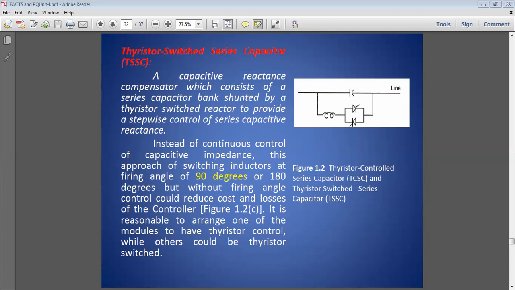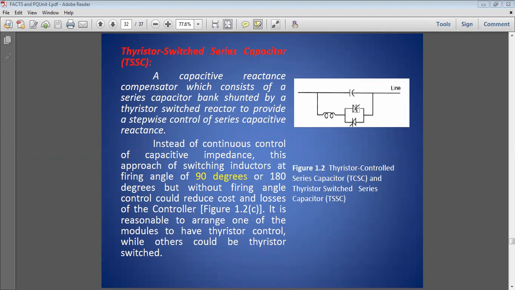Similarly, the same fundamental can be used for the series compensator. So here again, there are two thyristor valves, but the firing angle is going to be either zero or 180 degrees.